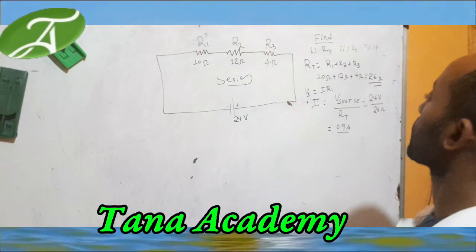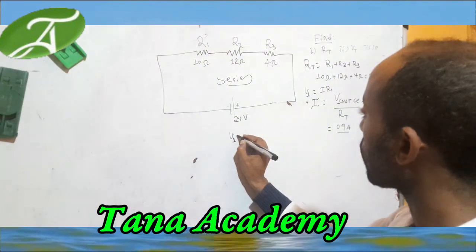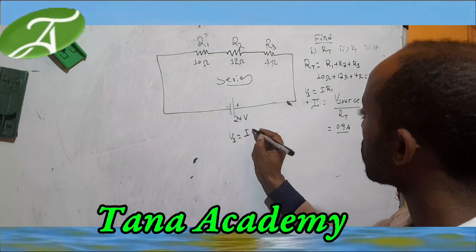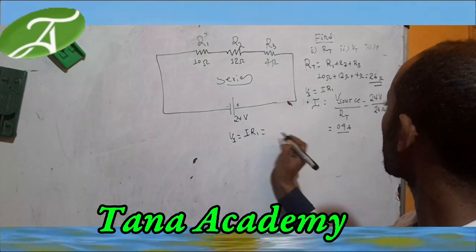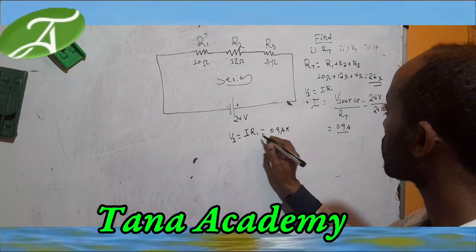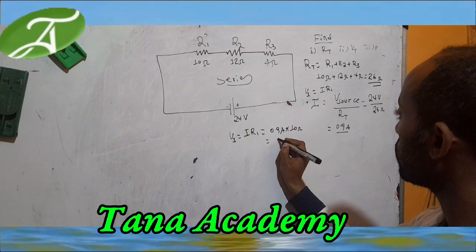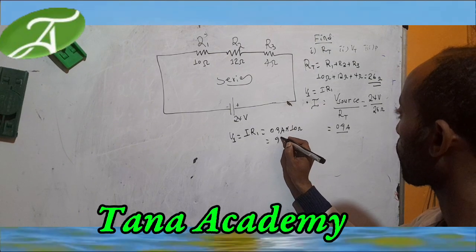And V1 will be I times R1, which is equal to I1 is 0.9 ampere times R1 is 10 ohm, which equals 9 volt.